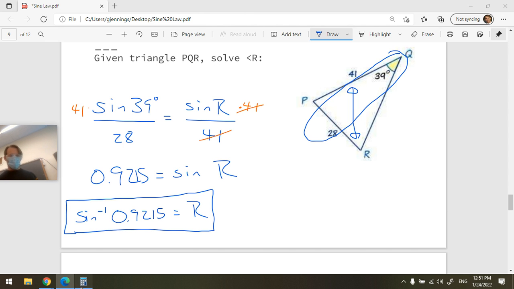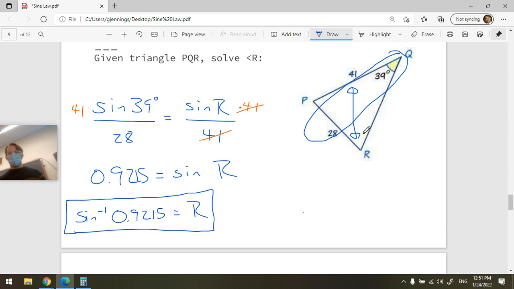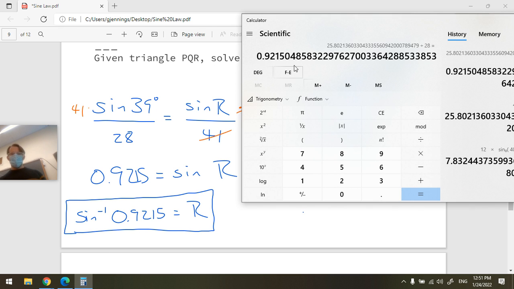So let's go ahead and punch that. We're expecting an answer in degrees. Just looking at this, it should be bigger than 39 degrees because 41 is a lot bigger than 28. So I'm expecting an angle like maybe 53 or something like that. Here is this number, 0.9215.